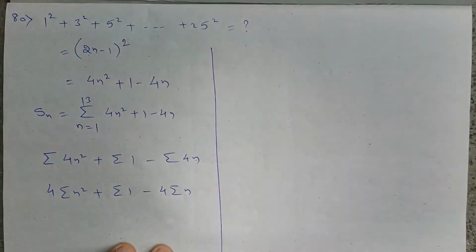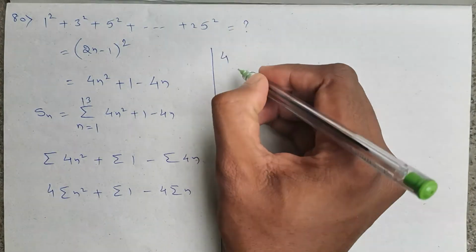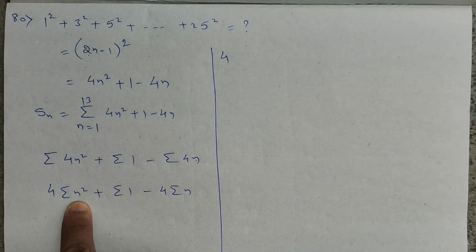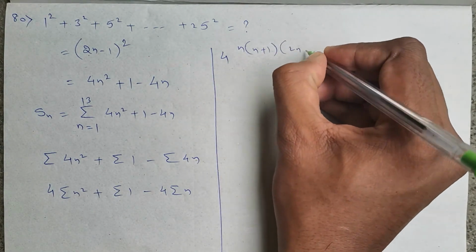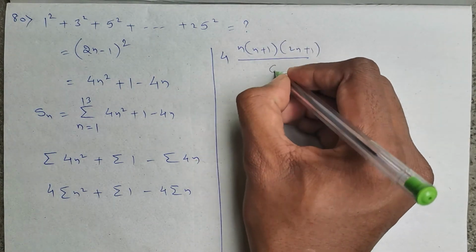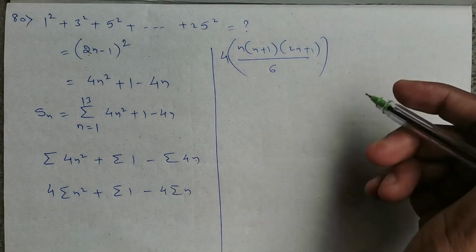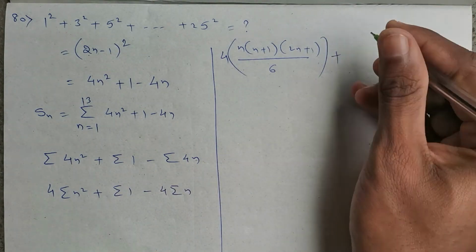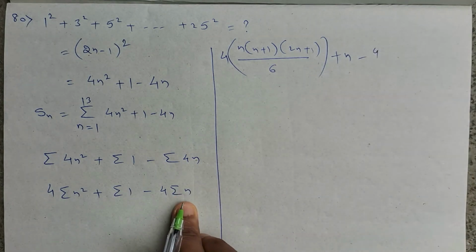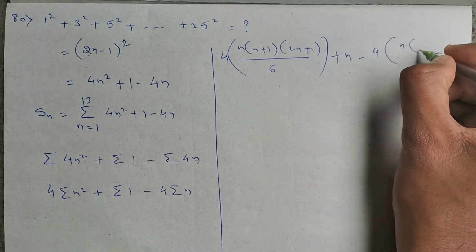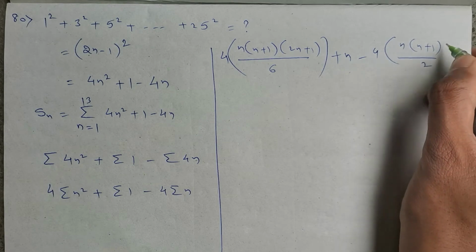So if we apply the formula here, 4 as it is times n square, sum of the squares of the first n natural numbers, n into n plus 1 into 2n plus 1 divided by 6, plus sigma 1 is n, minus 4 into sum of the first n natural numbers, n into n plus 1 divided by 2.